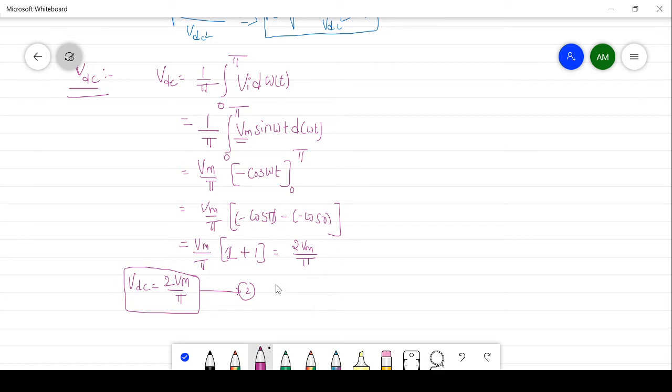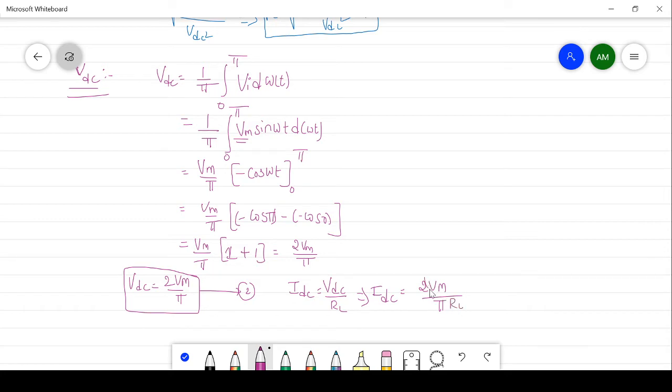Okay, from this equation we can write Idc. From Ohm's law, Idc is equal to Vdc by RL, that is the load resistor. Applying Vdc equal to 2 Vm by pi, Idc is 2 Vm by pi RL.